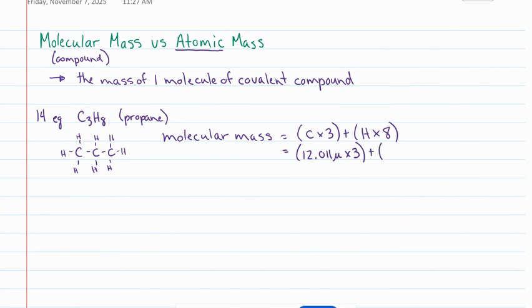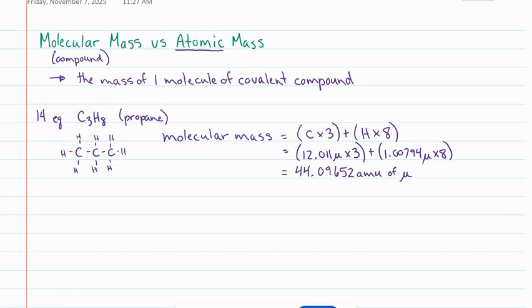And we know that hydrogen from our periodic table is 1.00794 times 8. And when we get out our calculator, multiply those together, we would end up with 44.09652 amu or u.